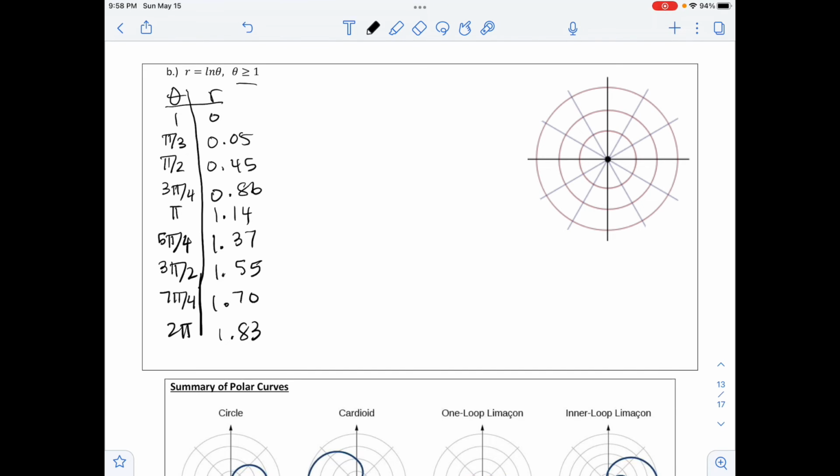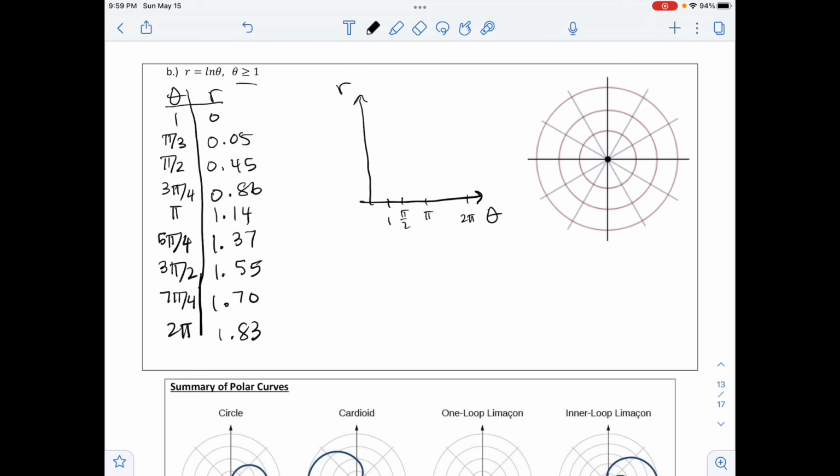So graphing this first on our Cartesian coordinate plane, where we have theta and we have our r value, we are going to be starting this at 1, and plotting these all is a little difficult, but looking at some of these, I'll put down pi over 2, pi, and then 2 pi, just so we can see how this is progressing.